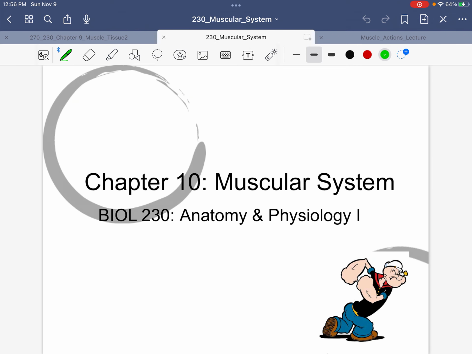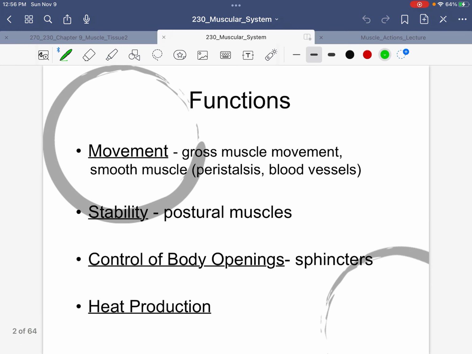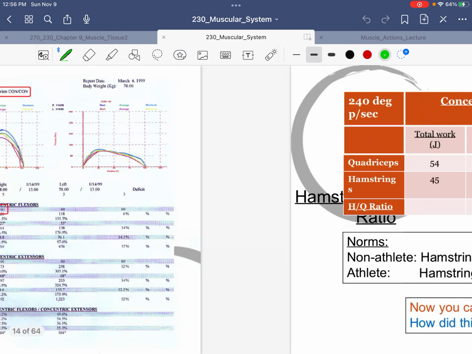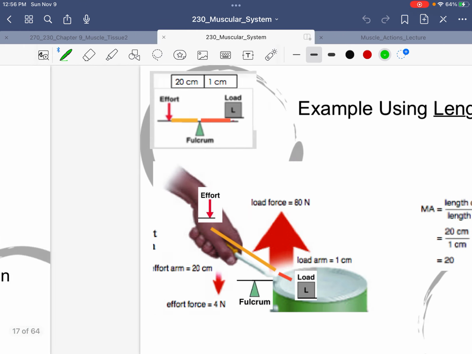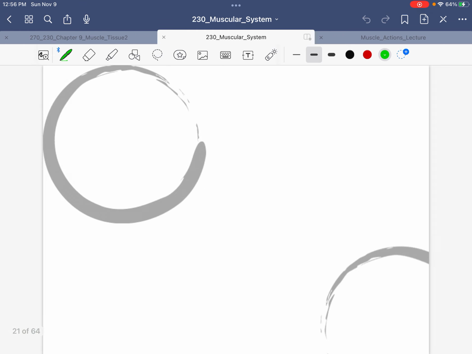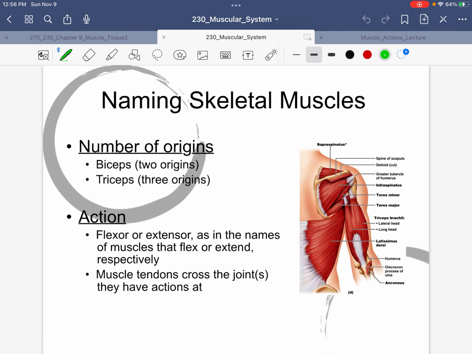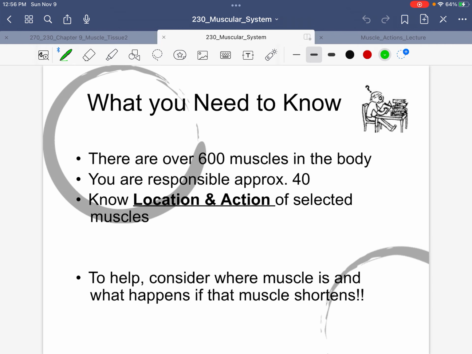Okay, I want to start this chapter, but I don't need to get into everything with you. For this chapter, we have a couple of things to review at the beginning. But a lot of this chapter is knowing the muscles.